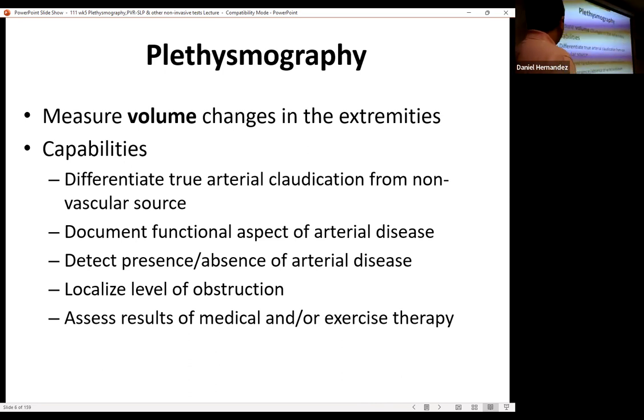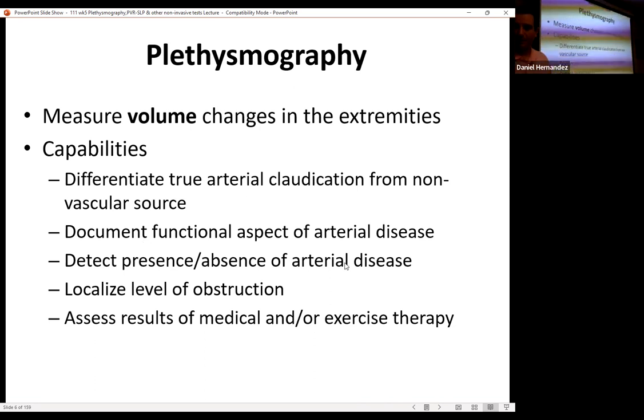With plethysmography, we can differentiate true arterial claudication from a patient who's having pain from a non-vascular source. If our waveforms look healthy and we don't see any evidence of disease and they're having pain, then it's not going to be a vascular source causing that pain. So we can rule that out.